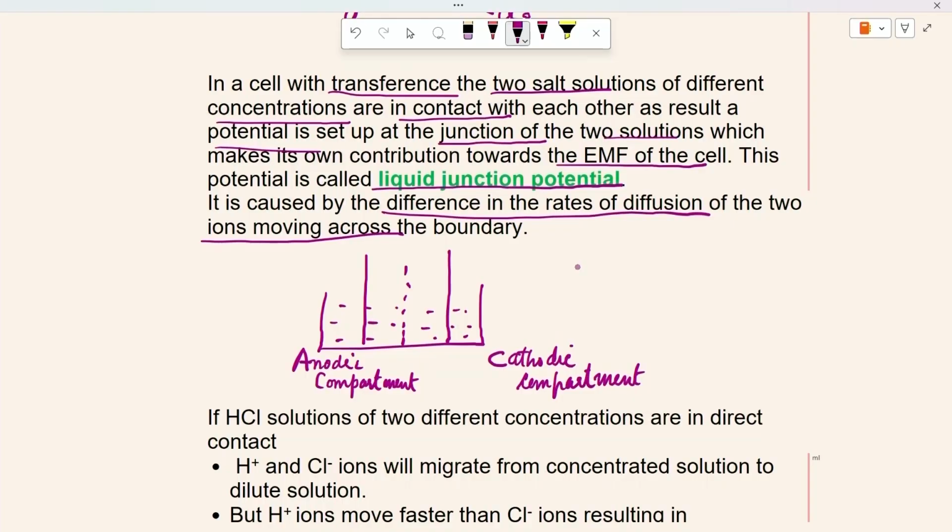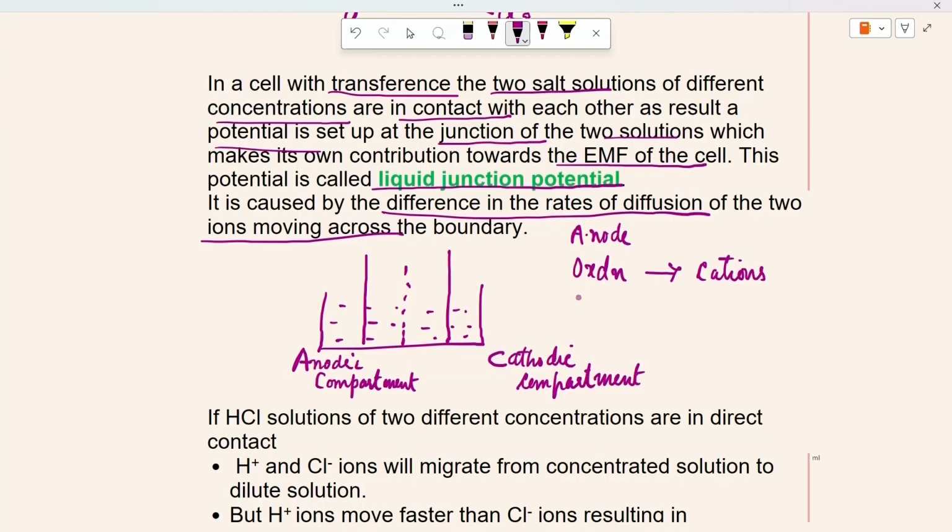Now, in a cell at anode, we know that oxidation takes place. Oxidation means the removal of electrons, and as a result of oxidation at anode, what will happen? It results in the production of cations. So, at anode there will be an excess of cations formed due to the oxidation taking place at the anode.